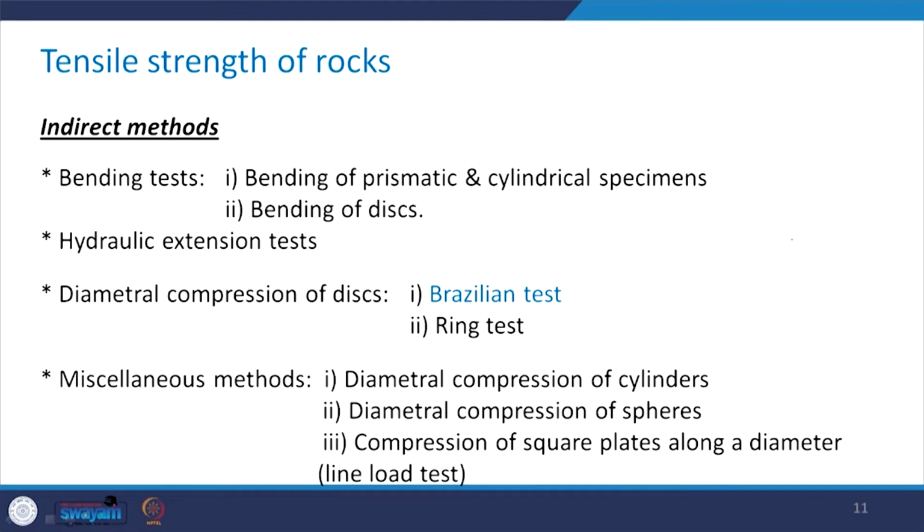In this one, you have a hollow cylinder having a thick wall, and at its inner diameter you apply internal pressure. Because of that pressure, the specimen will be subjected to tensile stresses, and accordingly, using the theories of thick cylinders, the tensile strength of the rock can be obtained.